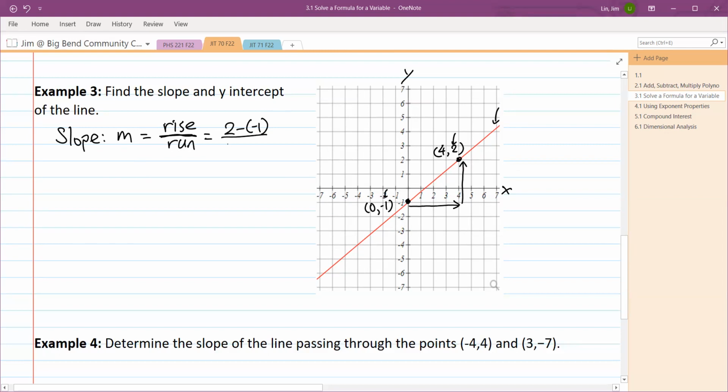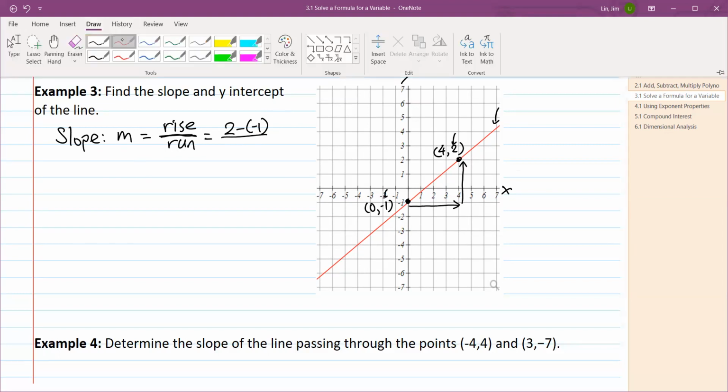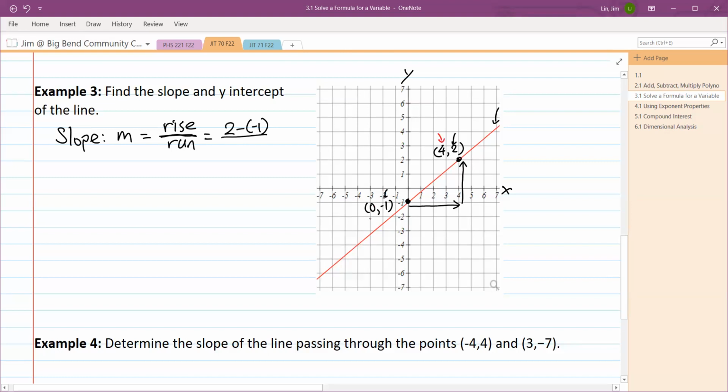And then for the run, that will be this x value minus that x value. So that's 4 minus 0. Then what would the answer be? That would be 3 over 4. So that is your slope.